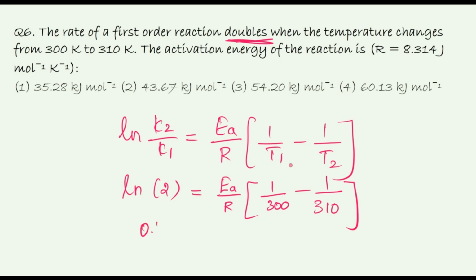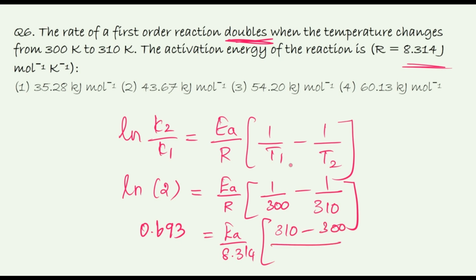Ln 2 value we very well know from the half-life equation, right? 0.693. And then the R value also you can substitute, they have given 8.314. 310 minus 300 divided by 300 into 310.